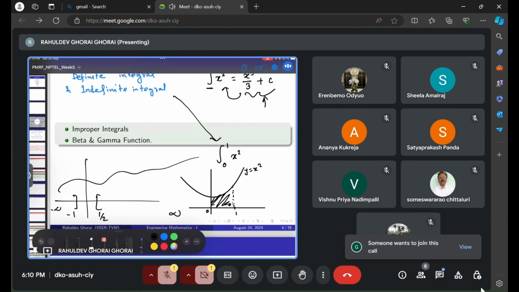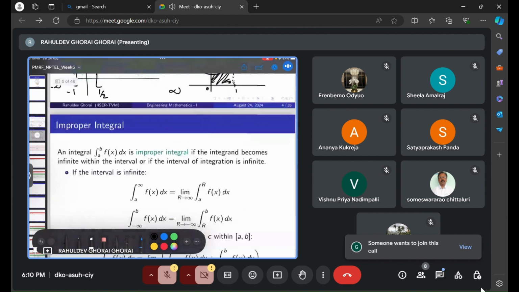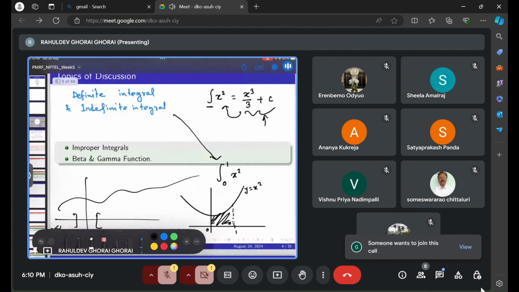Or maybe, although the domain of the integral is bounded, inside that domain the function may be discontinuous. Let's say one example is 0 to 1, 1 over x minus half.